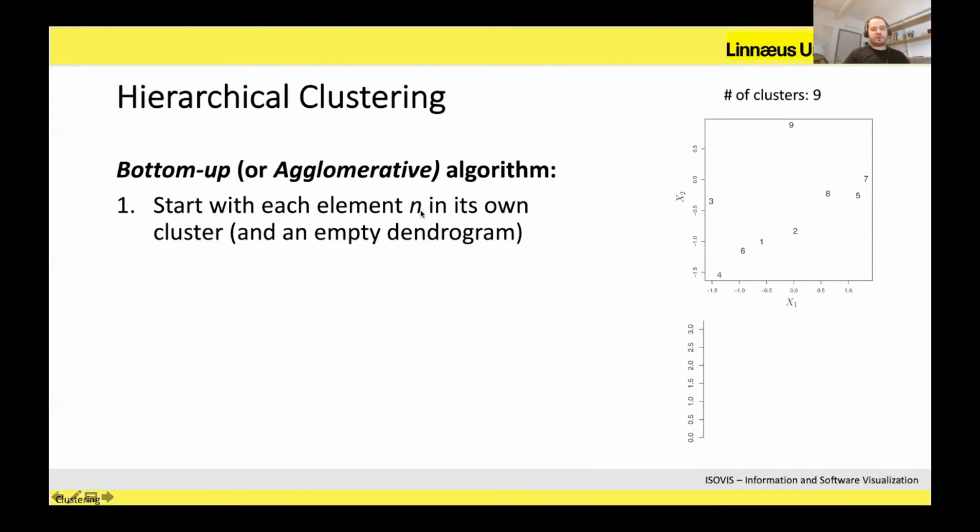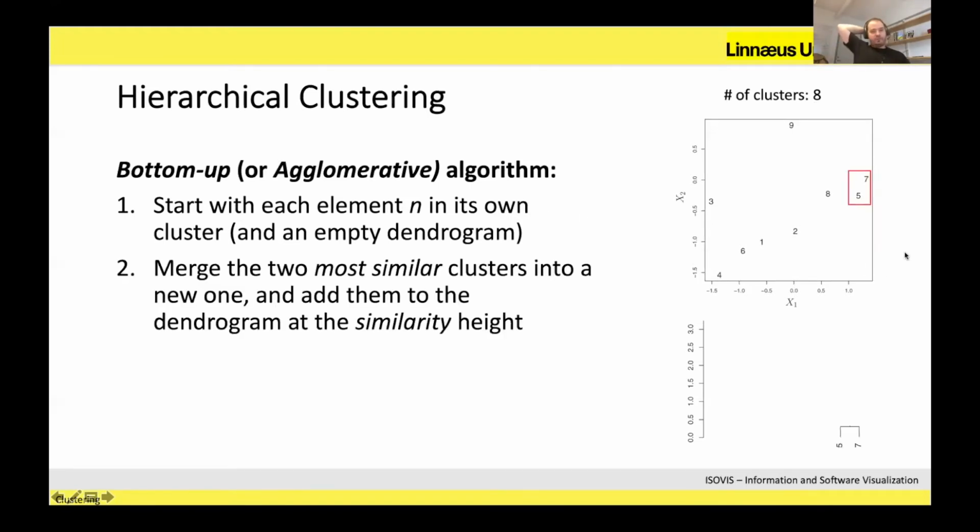So we start with each element n in its own cluster, and the dendrogram is empty. Right now we have 9 clusters because we have 9 points, and each point is its own cluster. The next step is we merge the 2 most similar clusters into a new one. At this point, merging the 2 most similar clusters means merging the 2 most similar points, simply because each point is its own cluster by now.